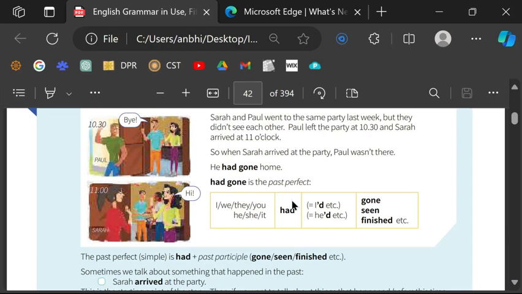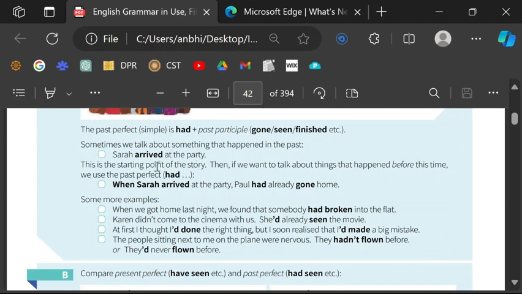Paul left before Sarah arrived. The main action is Paul left. In this case, we're talking about when Sarah arrived, that's the main action. Then something happened before that, then you have to use the perfect. Maybe this way it's also correct to say before, but it changes the structure.